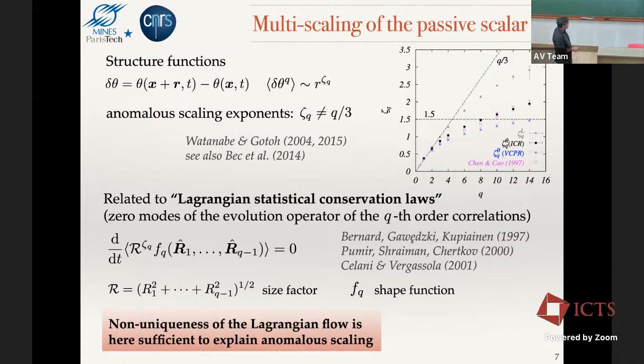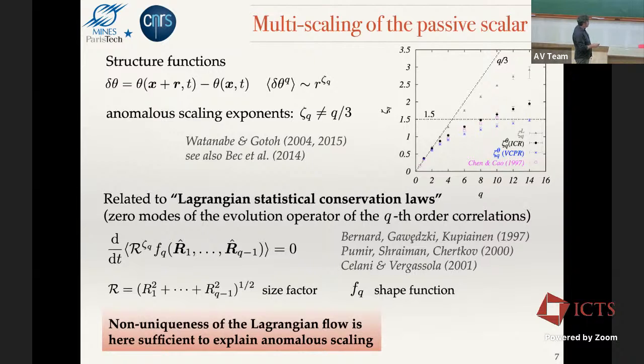Okay, so this is the work of all these people to show that you have this zero mode. So it's combinations, you see, statistical quantities which are preserved by the dynamics. Okay, so it's averages which are preserved. So it's like statistical conservation laws. Okay, which have this non-trivial thing. So basically, depending on the size to some power.